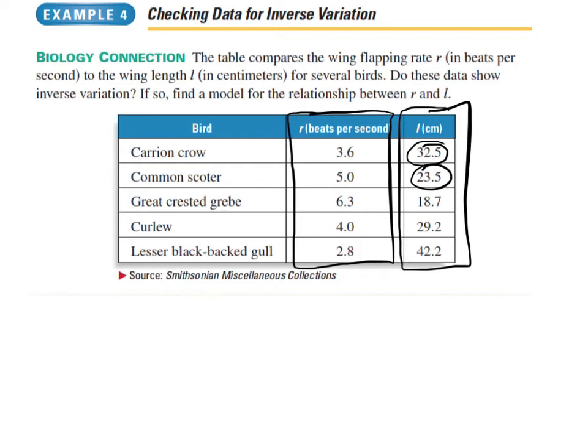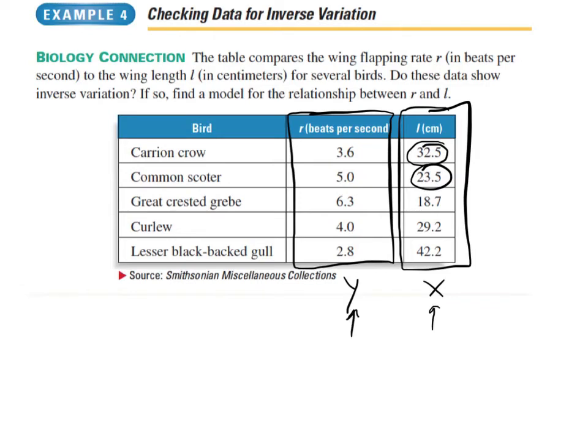If I'm asking how the wingspan affects it, that's what I'm putting into the relation, so that's going to be my x values, whereas the beats per second is my outcome, or my y values. So domain or range? Domain is x's, and range is my y values.